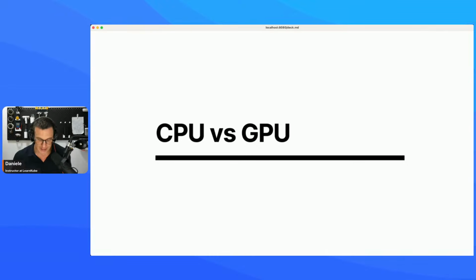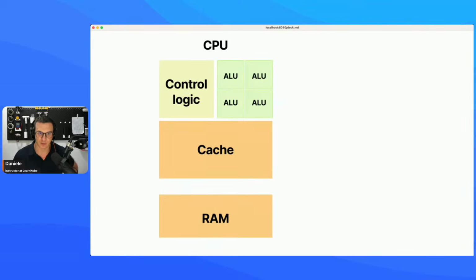Now, why are CPUs and GPUs so different? Well, we talked about these CPUs switching tasks all the time, saving registers and then restoring them, and they do that with quite a lot of frequency. Then the other thing that we have in these CPUs is the arithmetic logic unit.